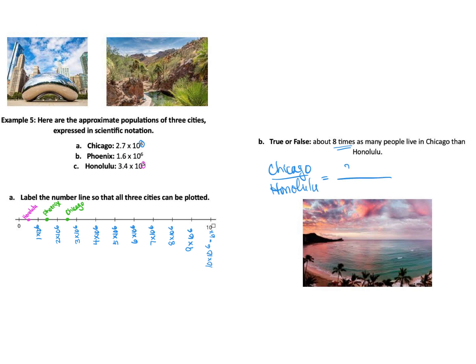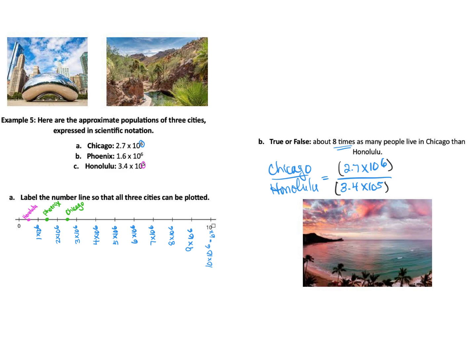So Chicago is 2.7 times 10 to the 6th. Honolulu is 3.4 times 10 to the 5th. And what we're going to do is put this in our calculator, and put parentheses around it. So go ahead and put that in your calculator, 2.7 times 10, caret 6, right? We've been doing exponents. Put parentheses around it.